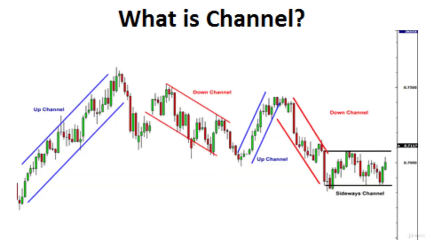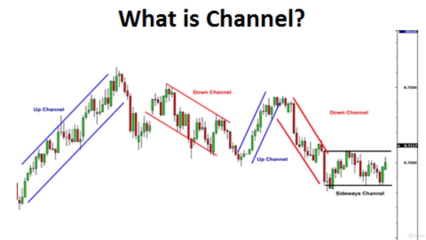We understand the channel in simple form with the help of an example. As the sample chart shows on your screen, you easily see that with the help of lines we connect points and create channels. In the first part of the chart, the two parallel blue lines which connect the bottoms and tops simultaneously create an uptrend or up channel.